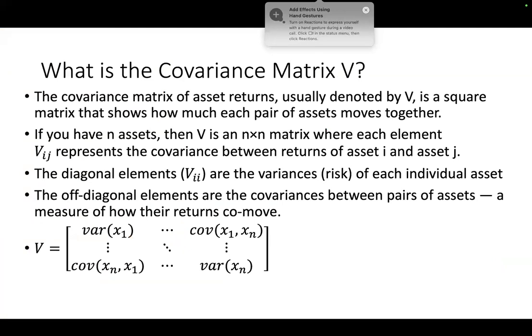So this is again just the formula that we have for the covariance matrix. It's a matrix that we have between all of these stocks, and we usually show that with V. It's a square matrix. Its number of rows and columns are the same. On the main diagonal, we have the variance of different assets.